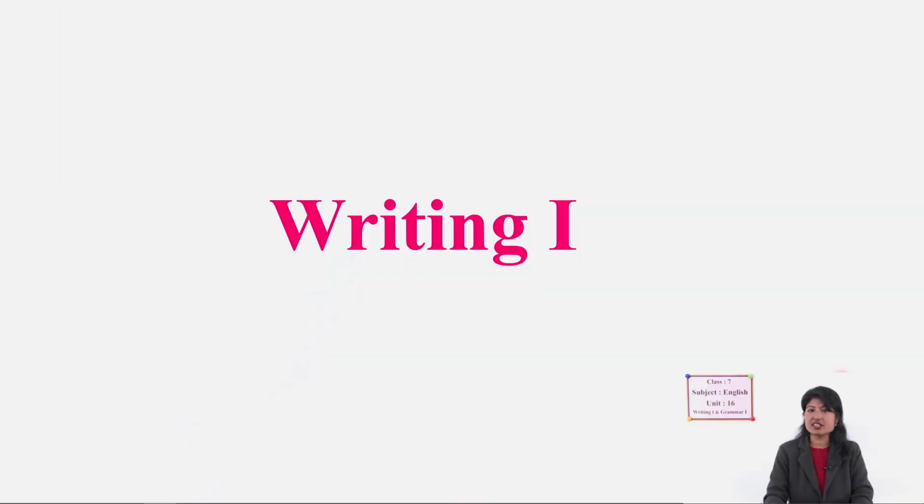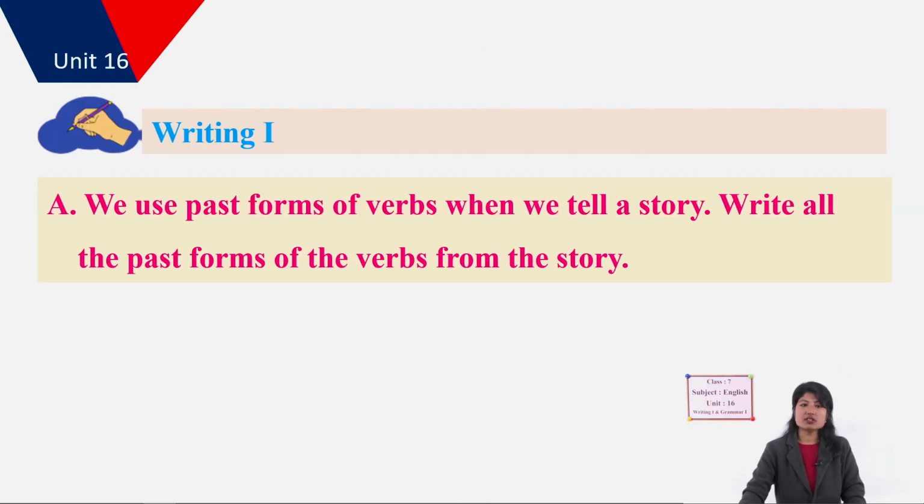Likewise, look at the slide, Writing I. In this section, we use past forms of verbs when we write or tell a story. Write all the past forms of the verbs from the story. Actually, here the story is from your book, A Lesson from a Son.